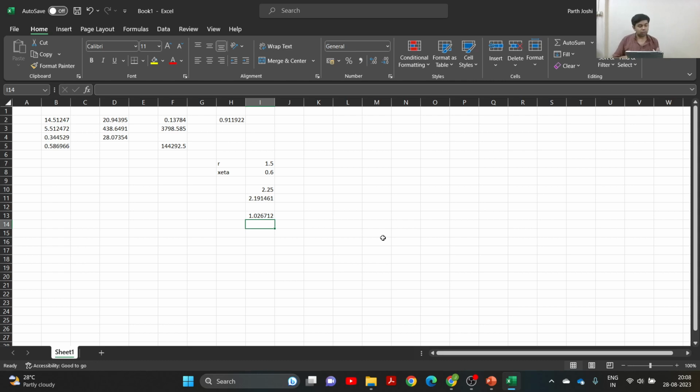Since we already know the stiffness and mass, stiffness has been given as 10,000 newtons per meter, and the mass is given as 0.8 kg.